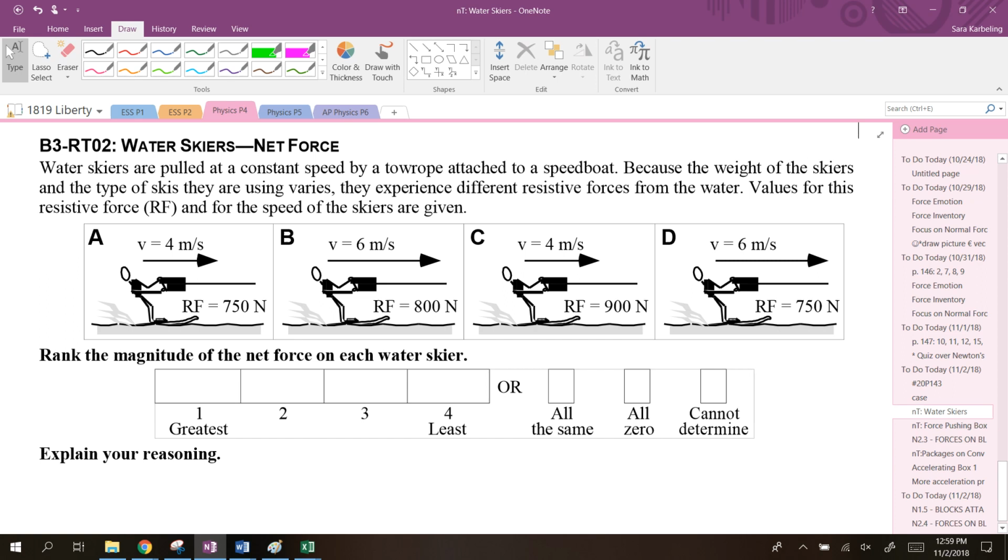Why don't you talk to your table? You could draw a free body diagram.